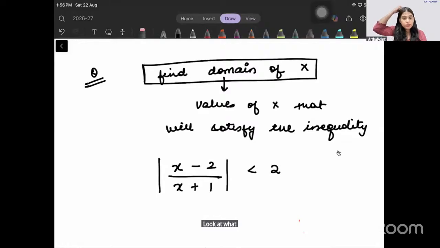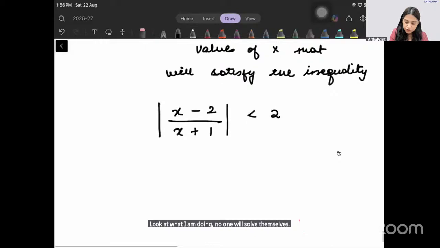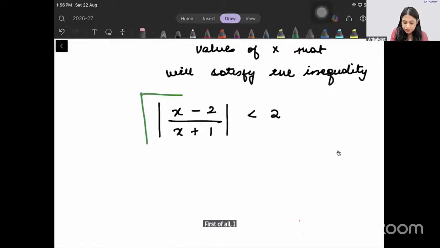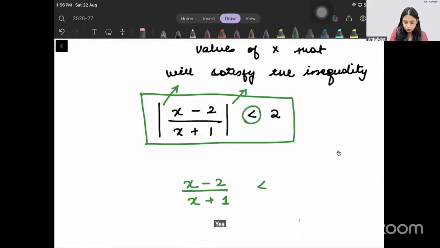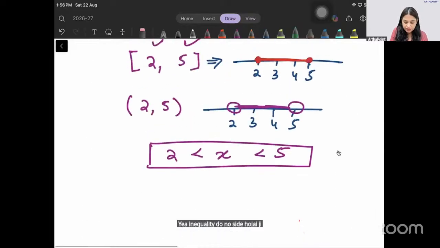Look at what I am doing. No one will solve themselves, just watch here now. First of all, I have to open this modulus, this absolute value. Whenever I open any modulus, it means that this (x - 2)/(x + 1) inequality becomes two-sided, like we did here.